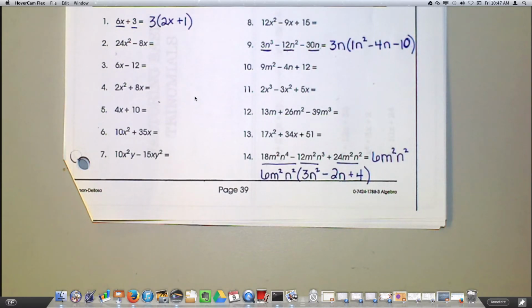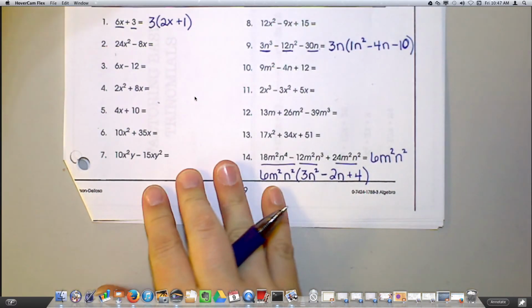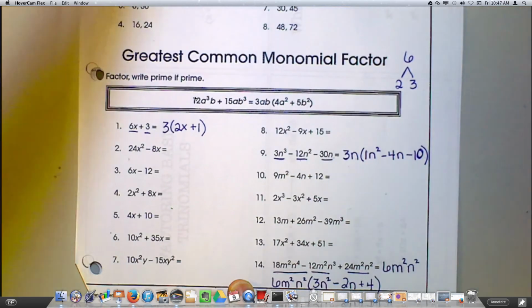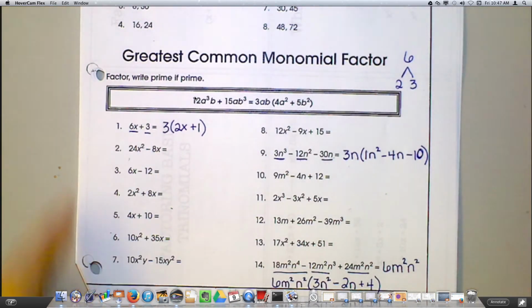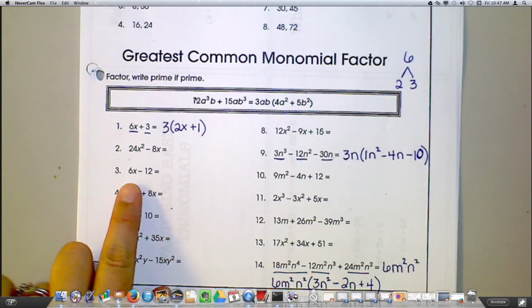Okay, the one thing that, if you look up at the top, it says factor and then write prime if prime. Prime means that there's nothing you can take from everything. Do you see any on here that might be prime? Somewhere where you can't take the same thing from all of them? 3. You could take 6 from each of those. 11.